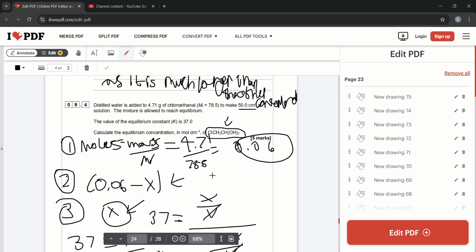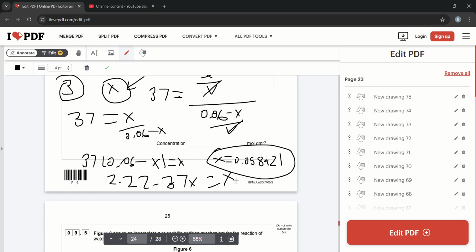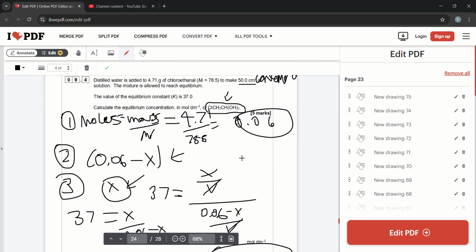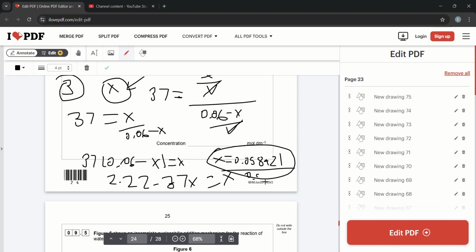And we know moles is concentration times volume. Concentration is moles divided by volume, which is 50 centimeters cubed, but we only divide by 1,000. So 0.050.